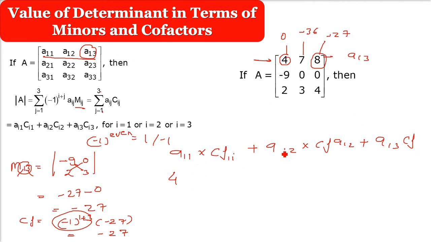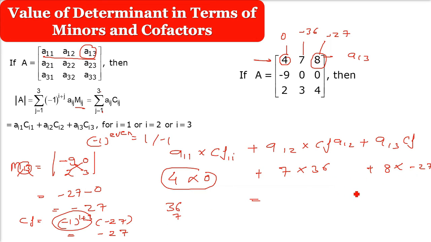Now A11 is 4, A12 is 7, and A13 is 8. Now what about the cofactors? When we found the minor, then we found the cofactor; only the sign changed. So 4 into the cofactor, which was 0, and here we have 36, and here it was minus 27. So when you compute this, 4 into 0 is 0, 7 into 36 plus 8 into minus 27.